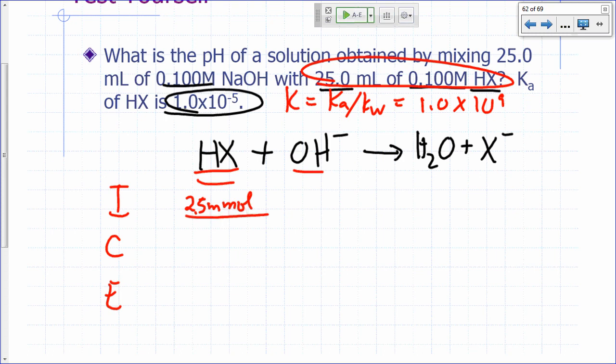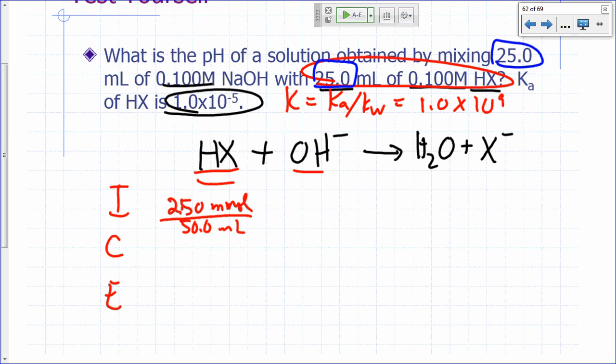What's the total volume that we have here? 25 and 25, 50 mL total, okay? So 2.50 millimole out of 50.0 mL.